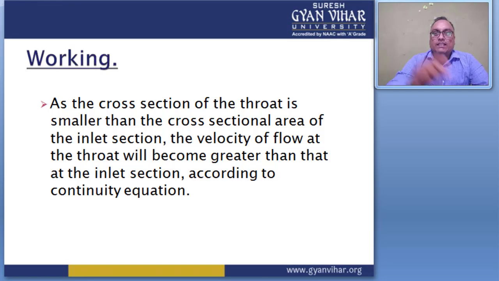This H is the difference in the two manometer columns, A1 is the inlet area and A2 is the throat area, and Cd is the coefficient of discharge. By using this formula, we find the discharge of the venturimeter. By the continuity equation, this discharge is the same throughout the pipe.